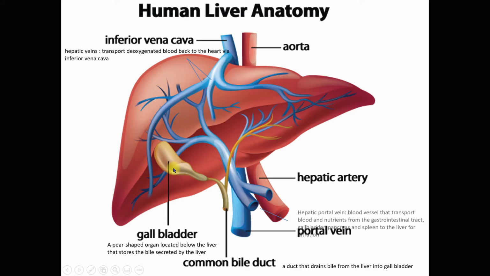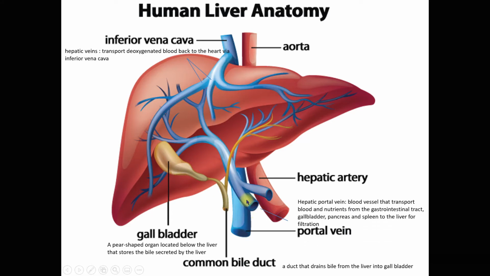Then we have this hepatic portal vein. Both the portal vein and hepatic portal vein are blood vessels that transport blood, as well as nutrients, from the gastrointestinal tract, gallbladder, pancreas, and spleen to the liver for filtration.